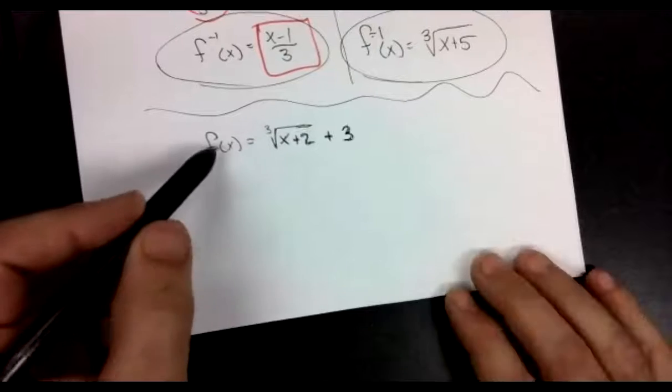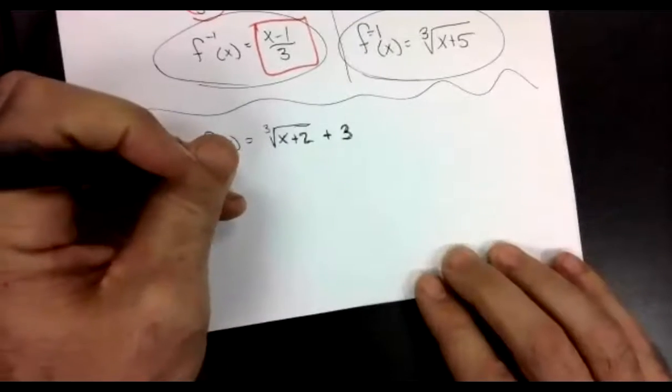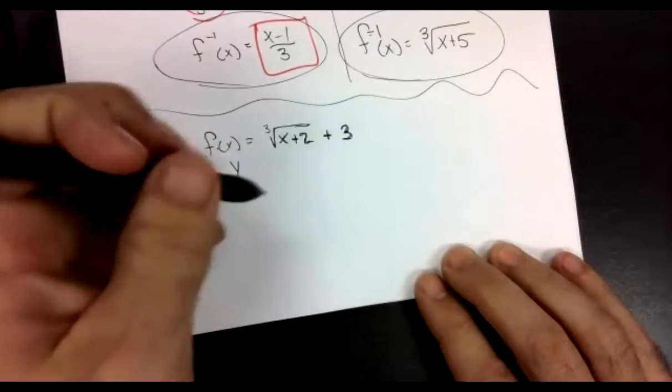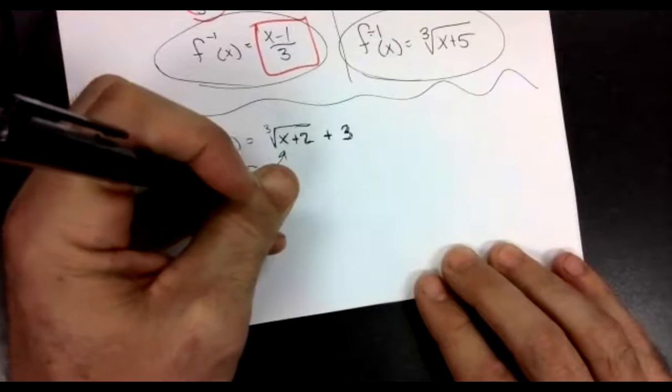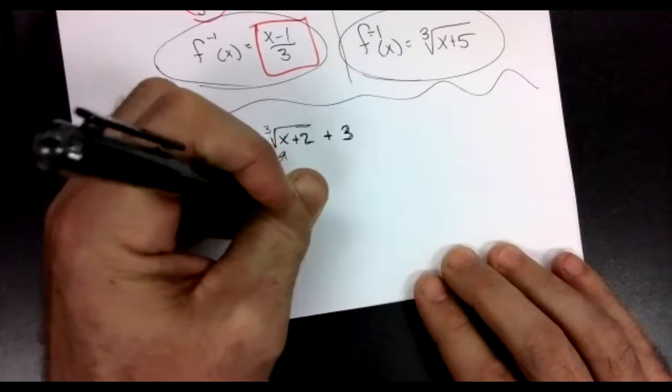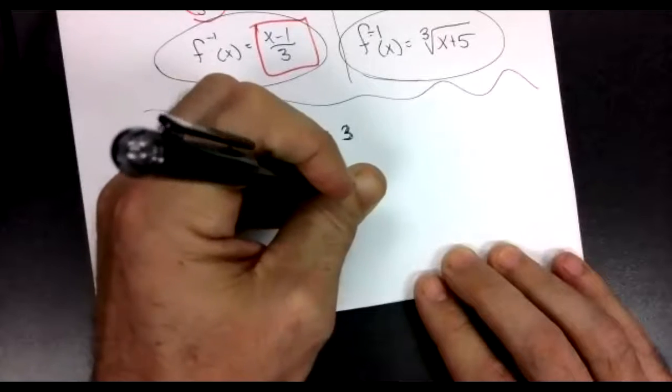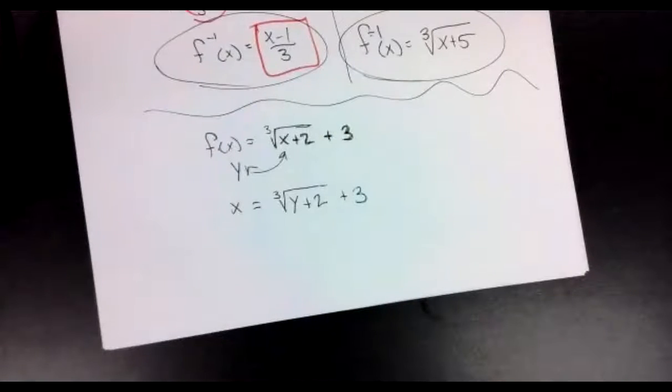And again, we're going to replace f of x with y. And then we're going to swap those. So x equals the cube root of y plus 2, plus 3.